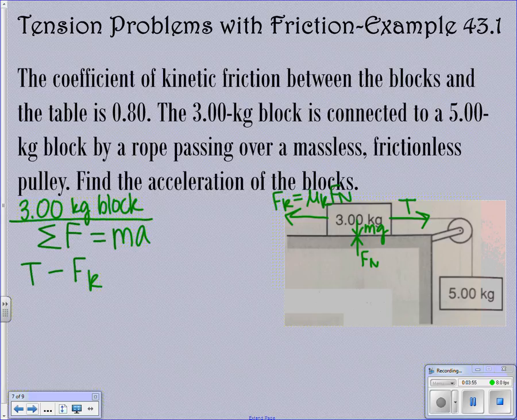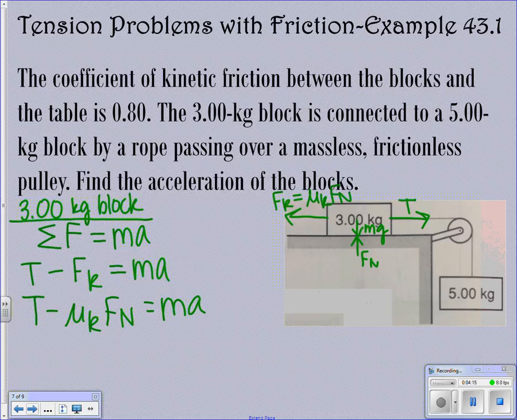So that's why we're subtracting it. So T minus F sub K equals mass times acceleration, which you can also write as T minus mu sub K F sub n equals mass times acceleration. Those are your horizontal forces.